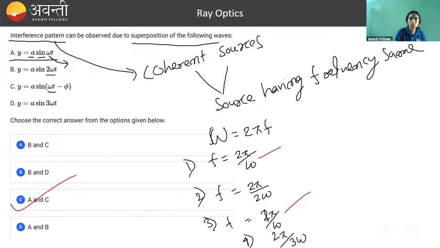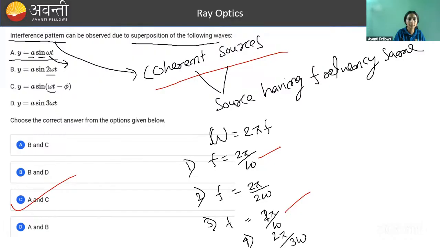But if you mix two incoherent sources having different frequencies, you won't get a pattern. You get uniform illumination on the screen. What is the meaning of this uniform illumination?